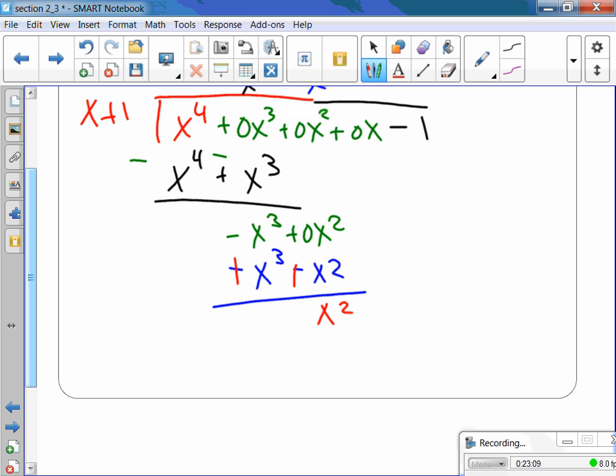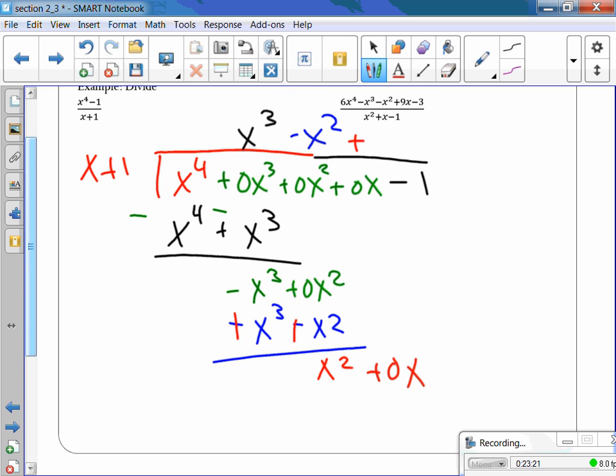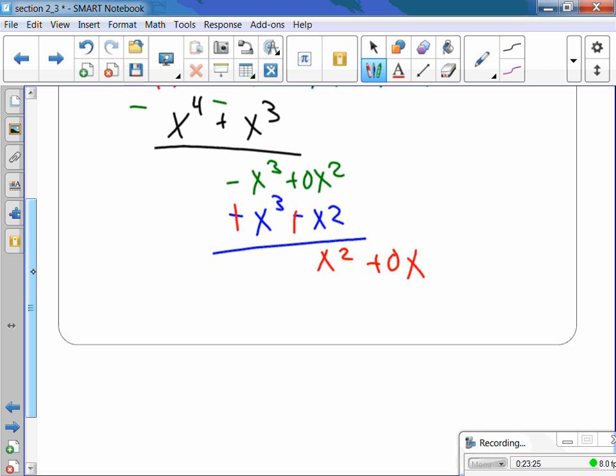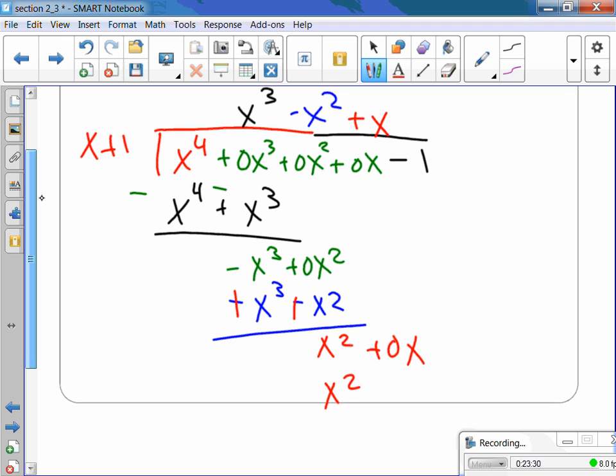From there, Cullen? Multiply by x. Absolutely. To get x squared, as Cullen said, we're going to do a plus x, giving us what, Cullen? x squared. Absolutely. And Mallory?